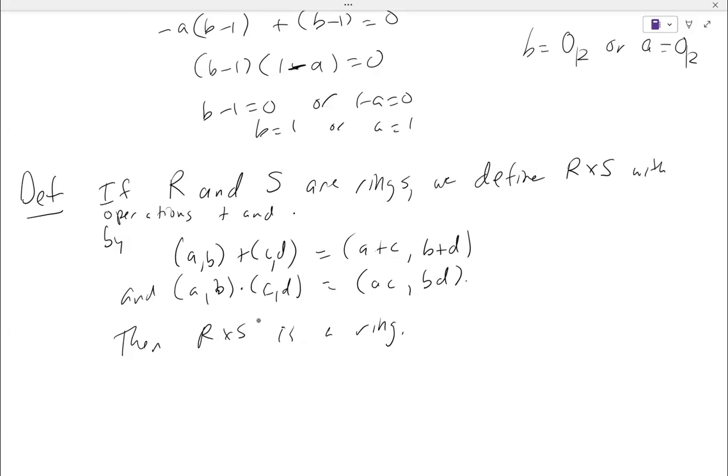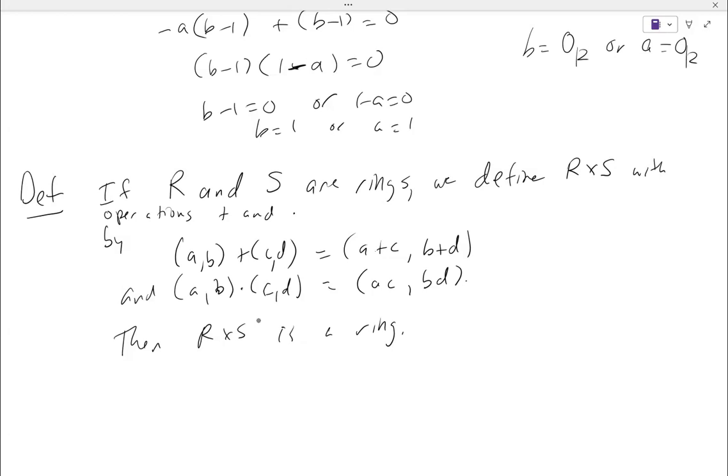Where do the operations take place? If I'm saying that these are ordered pairs from R cross S, where does A come from? R, and B comes from S, right?